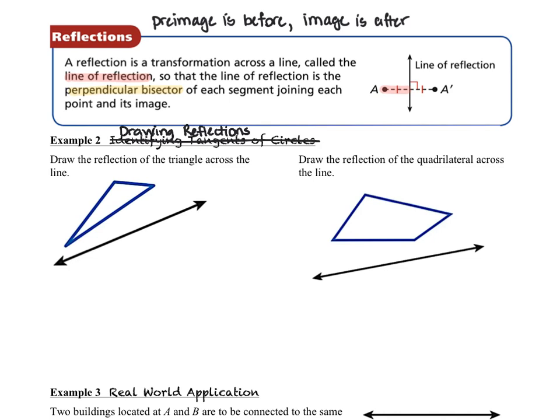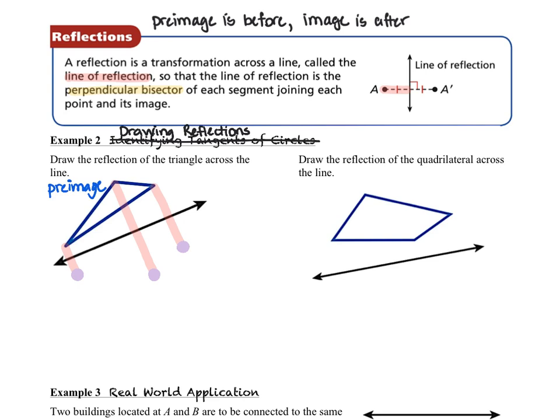So as we said, we're going to start out with the perpendicular and draw the opposite of the perpendicular distance to create a point. It's going to have the same length so that the line of reflection is a bisector of that segment. And we're going to draw 3 of them because of course there are 3 points on this triangle, and then we're going to be able to draw the image of the triangle.